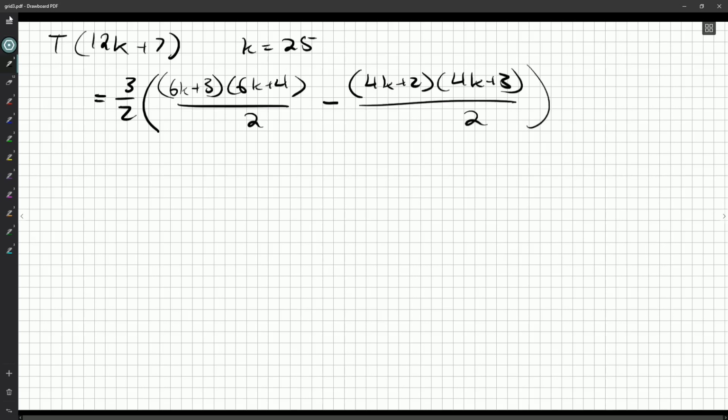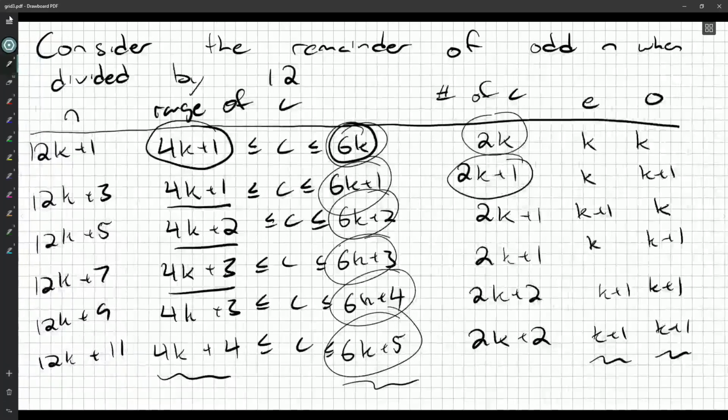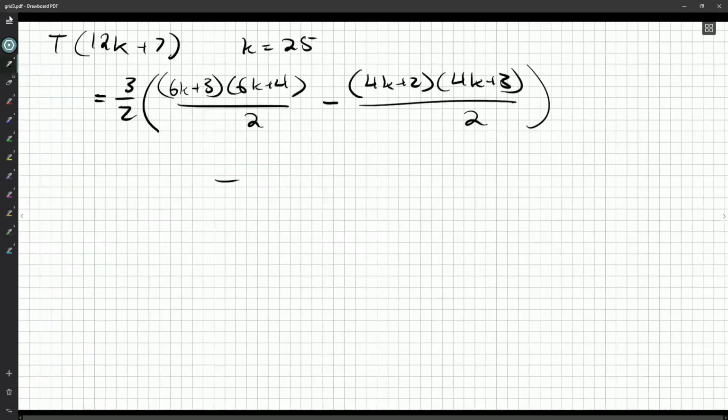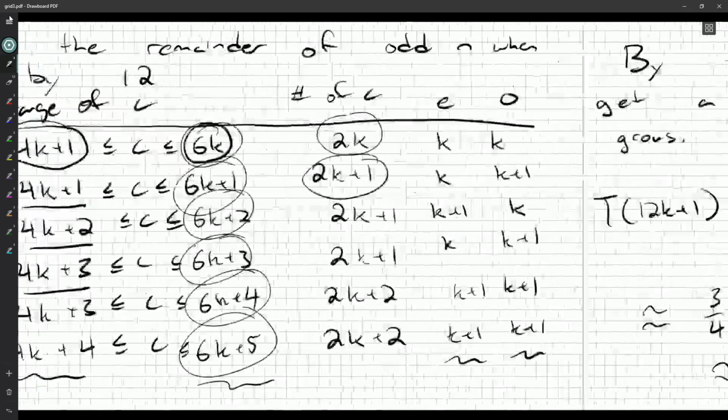I just want to go back and really quick double check I got the right starting and ending points. Good. Minus, we started an even number, so evens will be bigger, and we'll have 2k plus 1 of them, right?